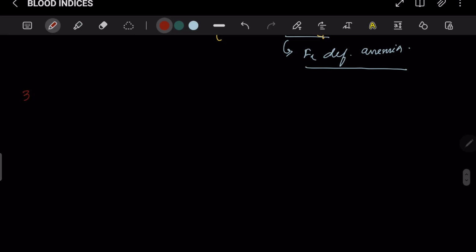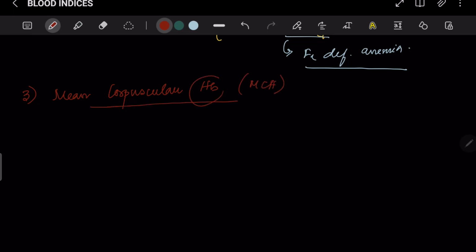The third blood index is known as the mean corpuscular hemoglobin, or the MCH. This is the average amount of hemoglobin which is found in one single RBC. If a hemoglobin estimation and RBC count is done, and a certain number of RBCs contain a certain amount of hemoglobin, then one RBC will contain a certain amount of hemoglobin, and that is known as the mean corpuscular hemoglobin.